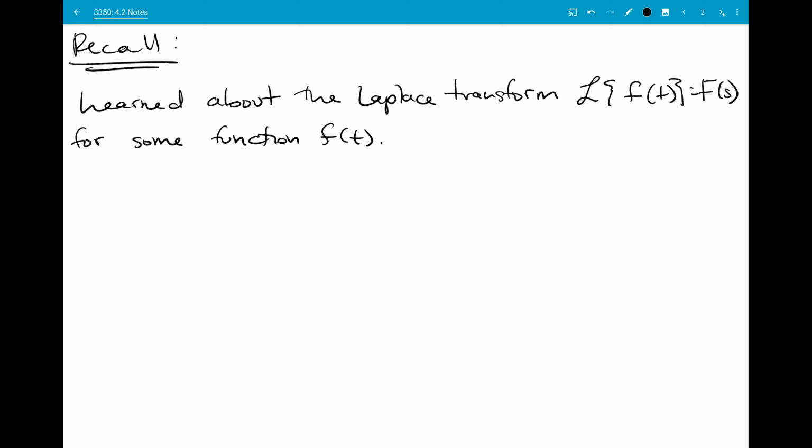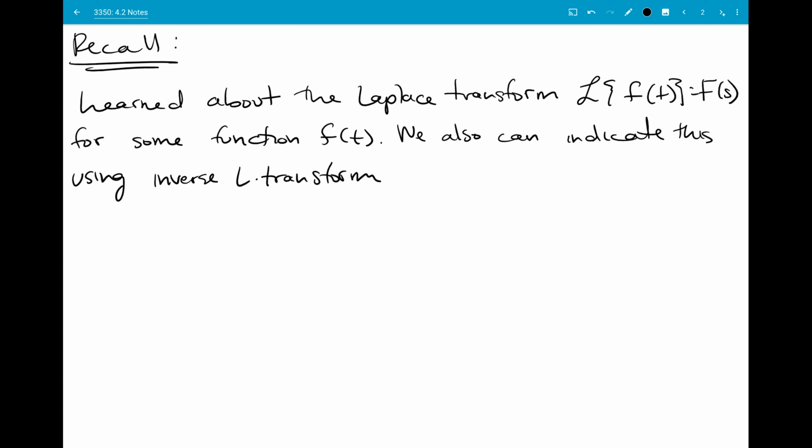We learned how to compute that directly, and we can also indicate this relationship using the inverse Laplace transform. In which case we'd write that whereas the Laplace of little f is big F, the inverse Laplace of big F is little f. And the Laplace transform is something that moves us between that domain of t's and s's.